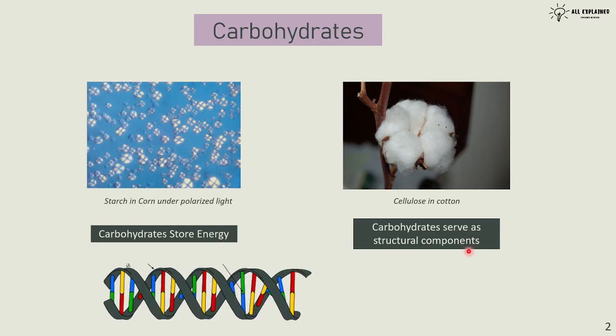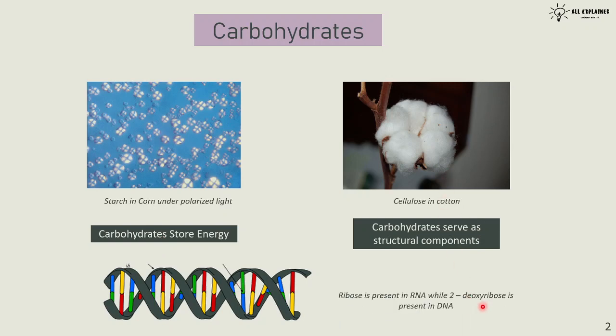And the third one, very interesting, I think most of us will be aware of this molecule, what this is trying to portray. This is the DNA molecule. And in the DNA molecule, we also have a carbohydrate called ribose. So ribose, and not ribose actually, one oxygen less than ribose.